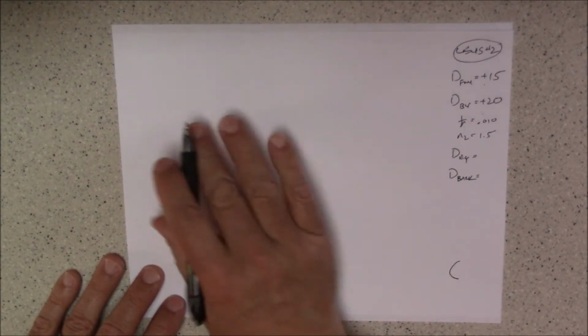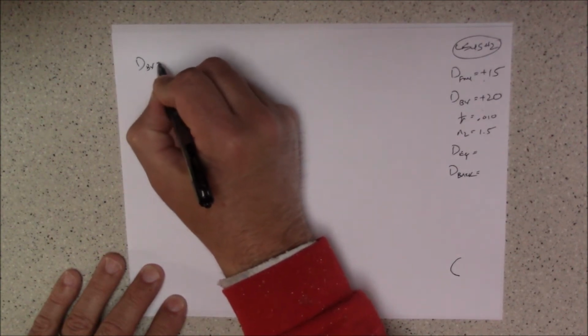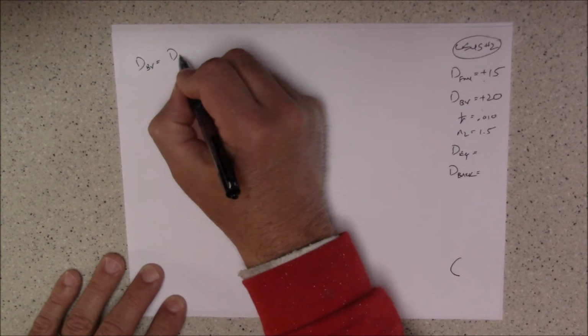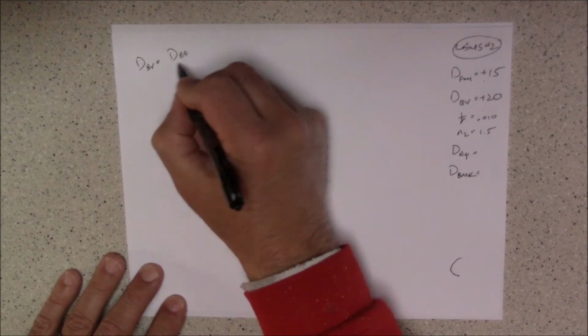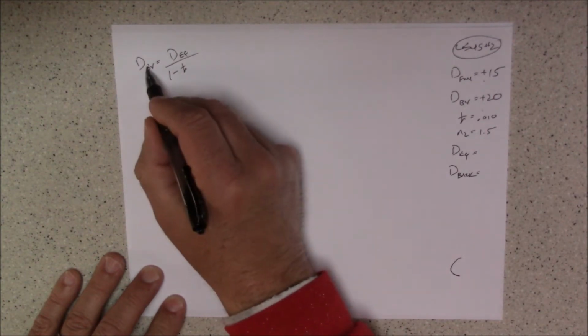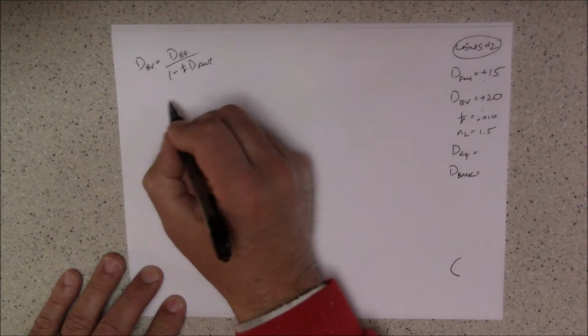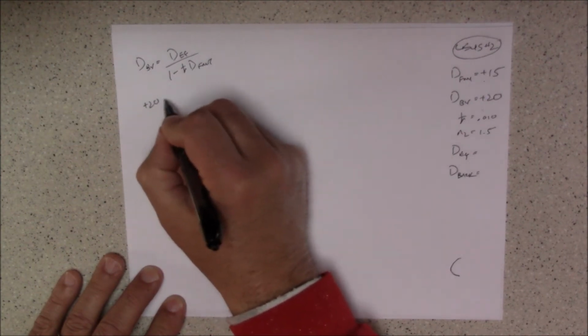We're going to do the same thing we've been doing all day long: the back vertex power is related to the equivalent power of the lens by this compensation factor. Back vertex power is driven by the front surface power. Back vertex power we know to be 20 diopters.